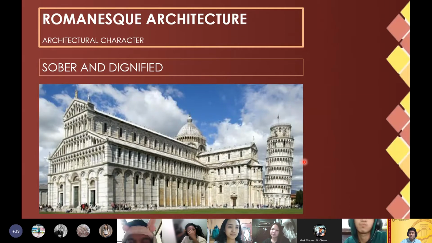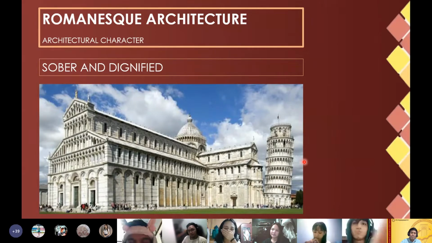It's really a good example of Romanesque architecture, and it's kind of interesting. It's as beautiful as Hagia Sophia. Okay. So this one is an example of sober and dignified.